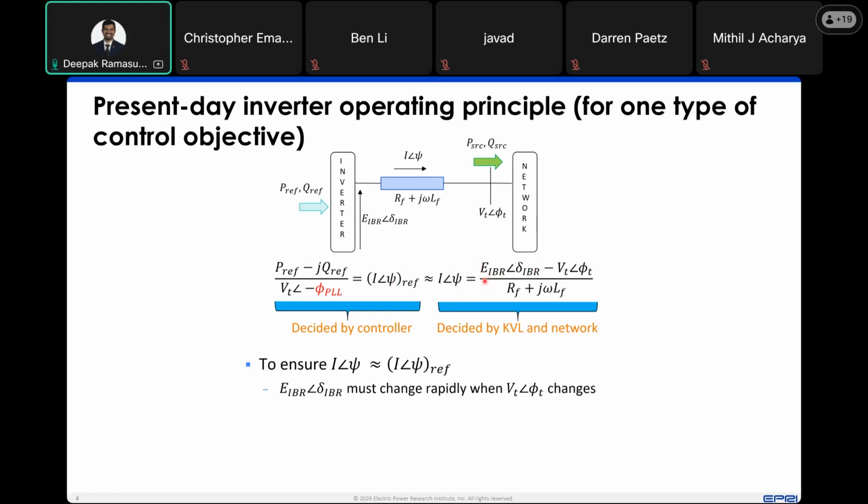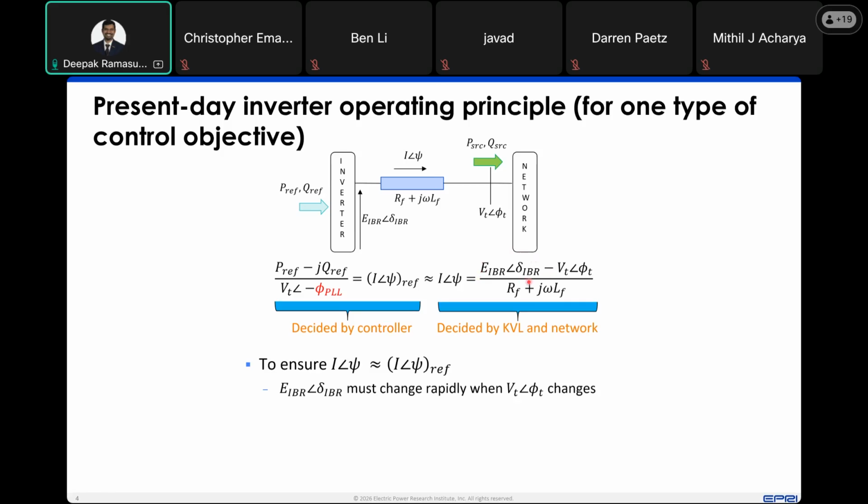And if it does that, then for this new voltage on the grid, the new voltage developed by the inverter will ensure that the current drawn out by the network from the inverter is the same as the current reference. So the inverter is developing a voltage.